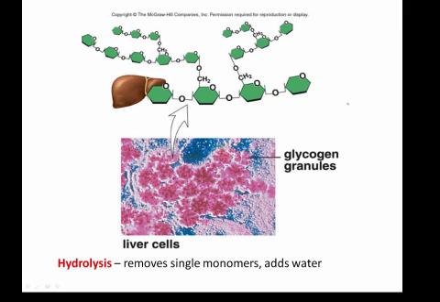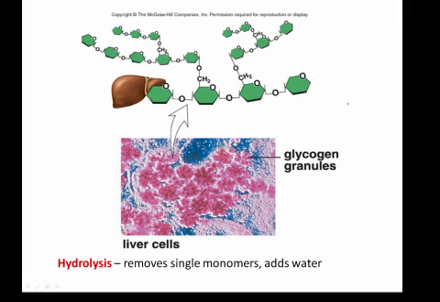Animals store glucose a little bit differently. They form something called glycogen. Glycogen is also a chain of glucose, thousands of glucose molecules put together in a chain. The chain is branched a little bit differently, with more branching in the glycogen than we saw in the starch a moment ago, but it's still just thousands of glucose molecules put together.